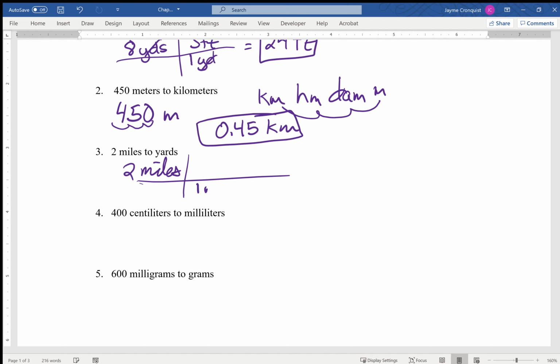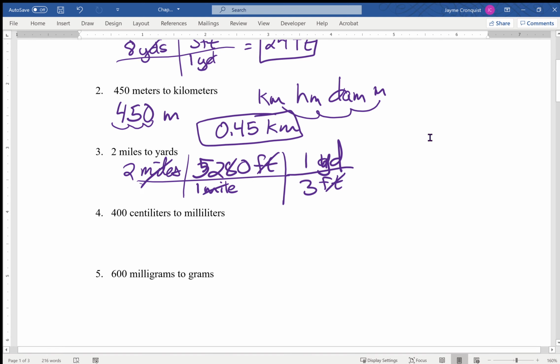Okay, so 1 mile, 5,280 feet. But it says to yards, so I do know that there are 3 feet in 1 yard. Okay, so I can cross off my feet, I can cross off miles.